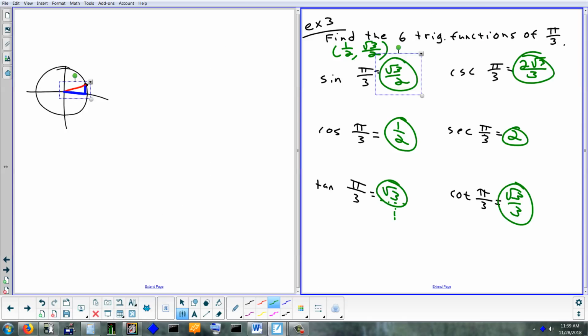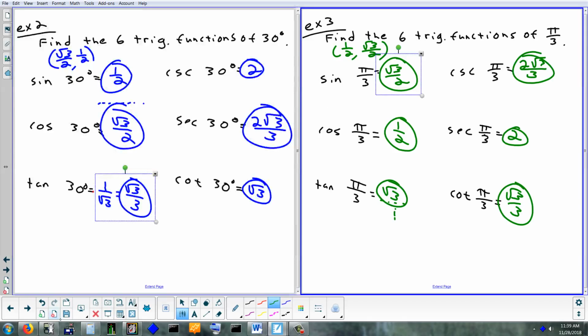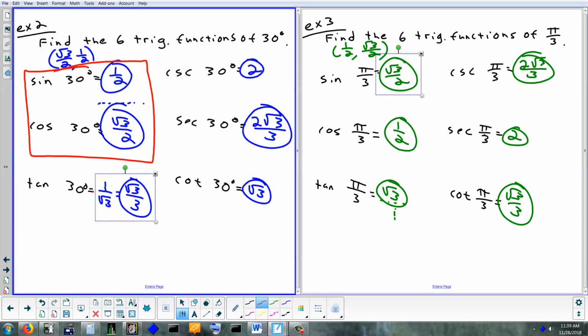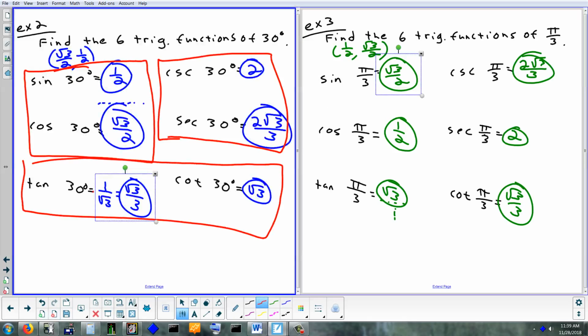Now, if you look at the 6 trig functions of 30 and the 6 trig functions of pi over 3, which is 60, all the answers are the same. They just switched places. Sine switched places with cosine, secant switched places with cosecant, and tangent switched places with cotangent.